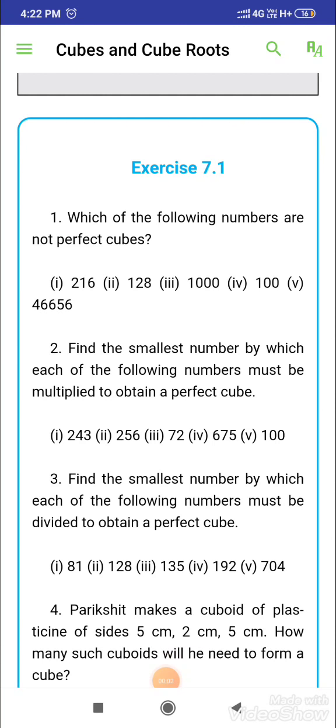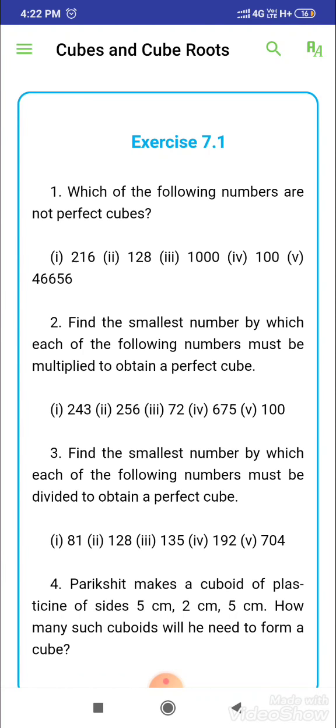Now we are going to start exercise 7.1, and the first question of 7.1 is which of the following numbers are not perfect cubes. To find out whether a number is a perfect cube or not, we use factorization. First we factorize our number and then we make groups of 3 numbers at a time.